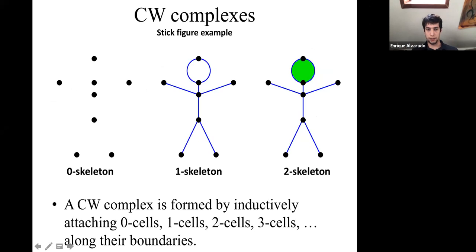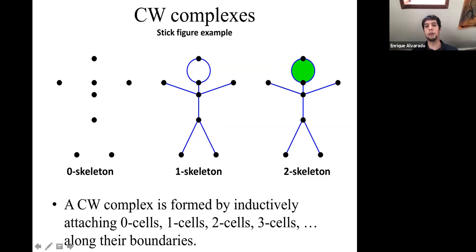Let's say the first thing that you do is place all your vertices. You can see it called the 0 skeleton on the left. And then you place all your edges, or all your 1 cells. One thing to notice is that these edges don't necessarily have to be straight line segments. They can be curved. They can wiggle around in any way that you want them to.